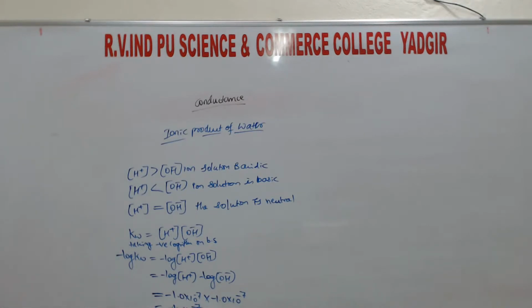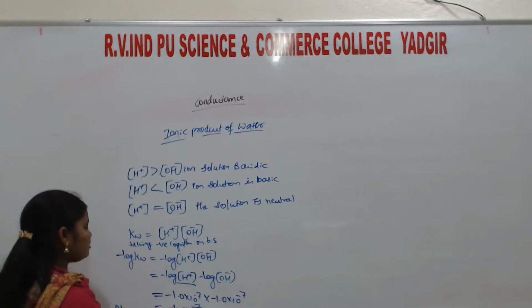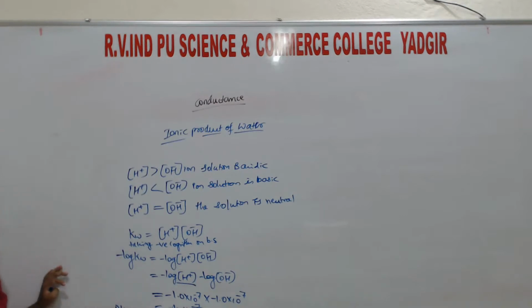Here pKw, the ionic product of water, is equal to pH plus pOH. This is for the hydrogen ion and this is for the hydroxyl ion.